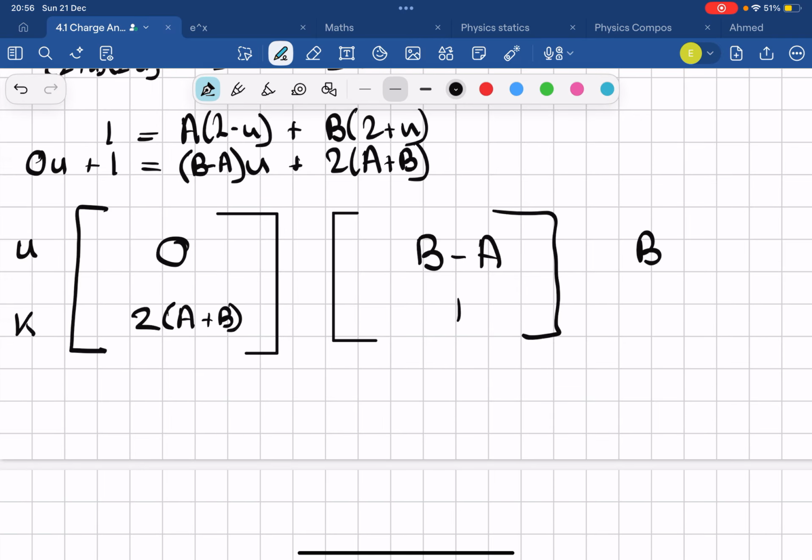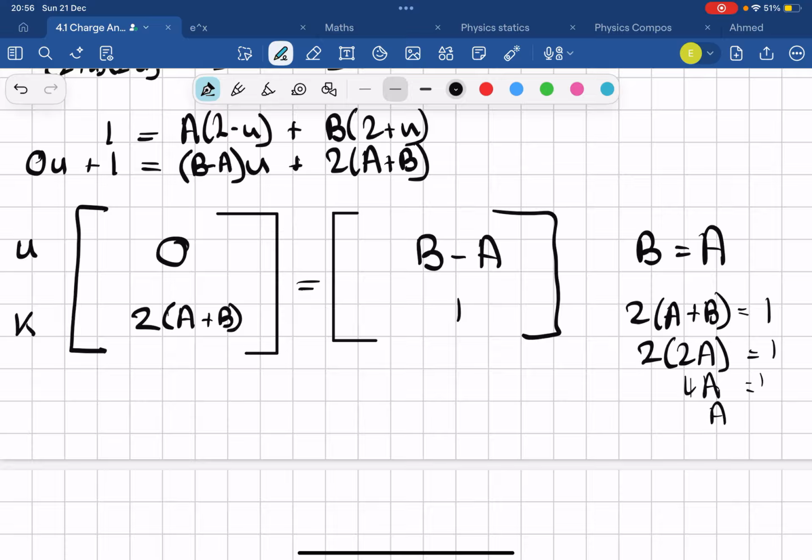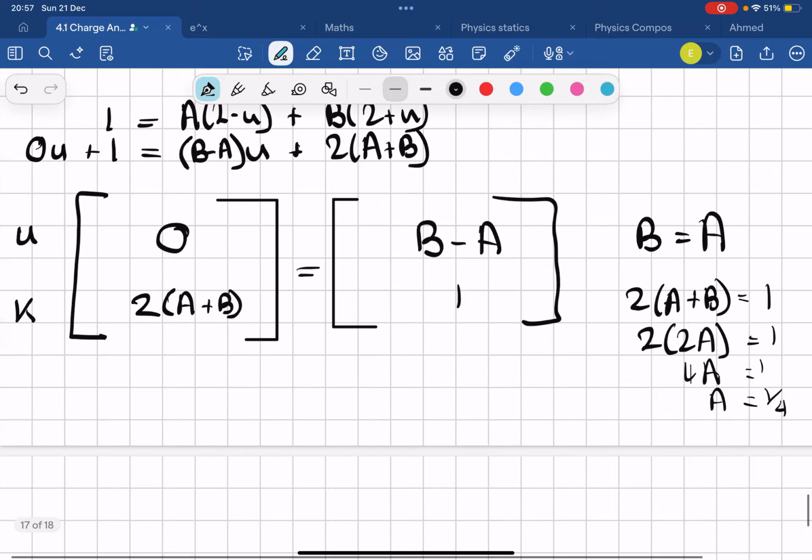So b equals a from our first line, and then 2a plus 2b equals 1. We can replace b with a, so we've got 4a equals 1, a equals a quarter, meaning b must also be a quarter.